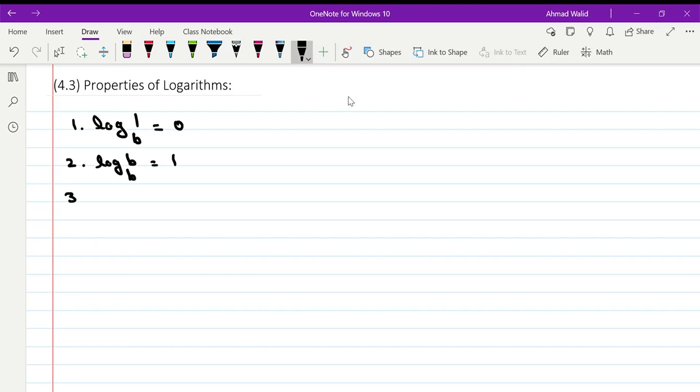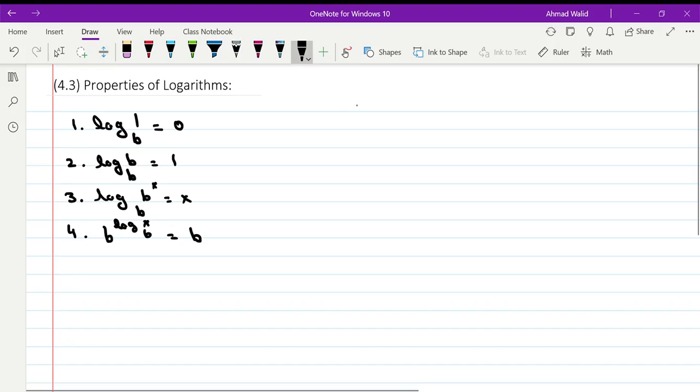Rule number 3. If I have log of b to the power of x base b, my answer is always x. And rule number 4 that we learned, b to the power of log x base b, my answer is always what? Always x, not b. Correct?